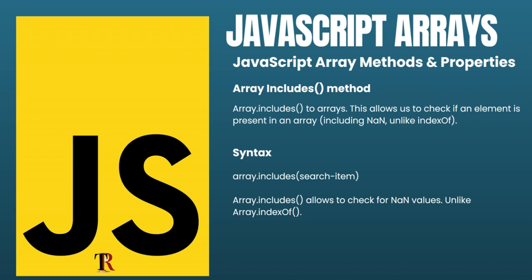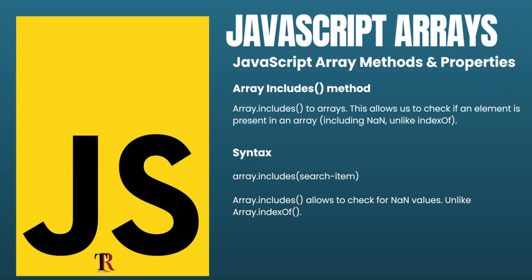So in this lesson, we want to take a look at another method called the includes method, array.includes. This allows us to check if an element is present in an array, including NaN, not a number, unlike indexOf. This particular method was introduced in 2016, and it allows you to check if an element is present in an array, including if that element is not a number, unlike the indexOf method, which we talked about in the past lesson.